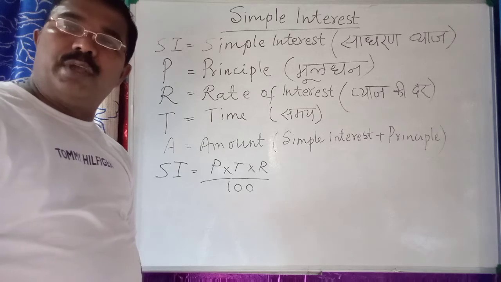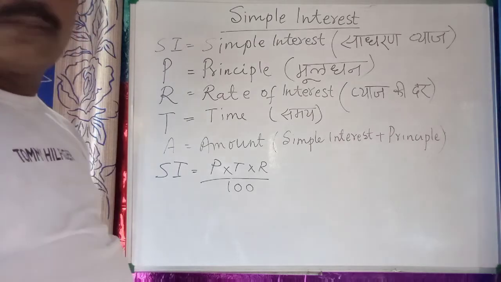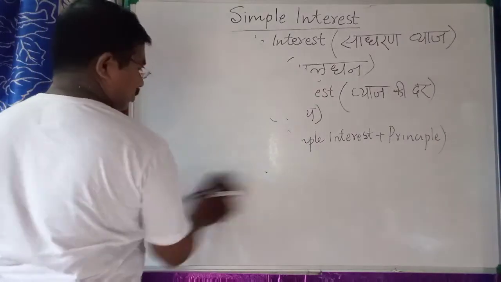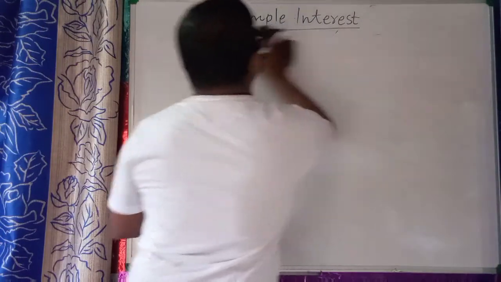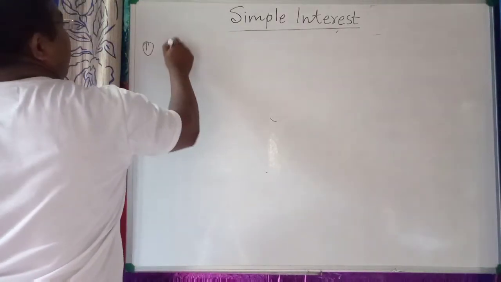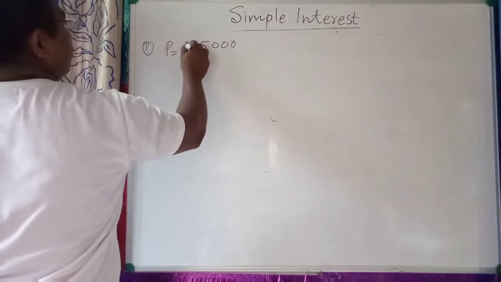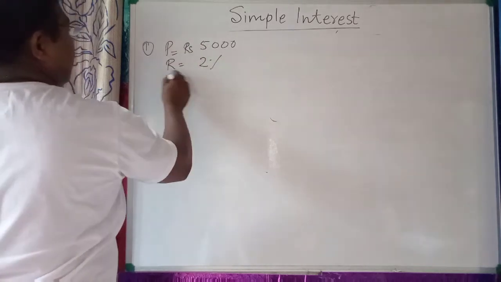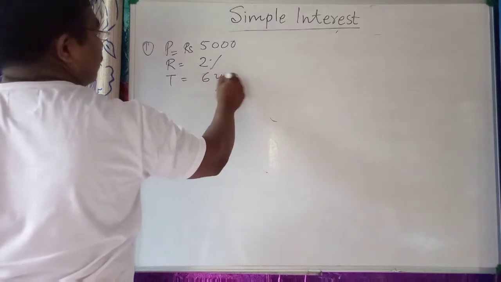Now I am going to give you some examples of simple interest. Here in this question, P is 5,000 rupees, R is 2%, time is 6 years.